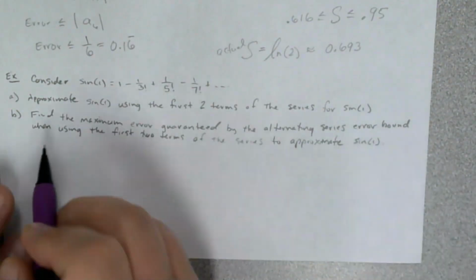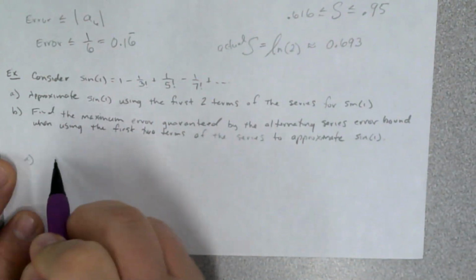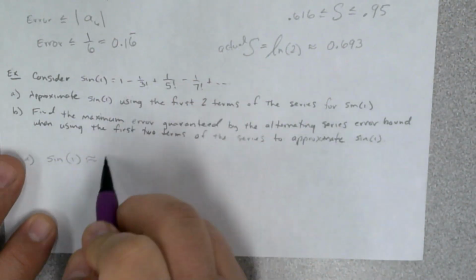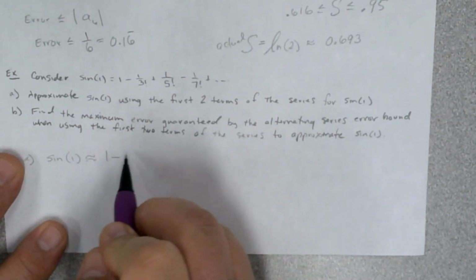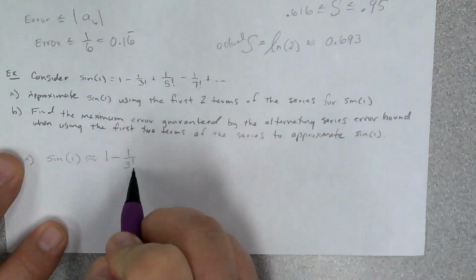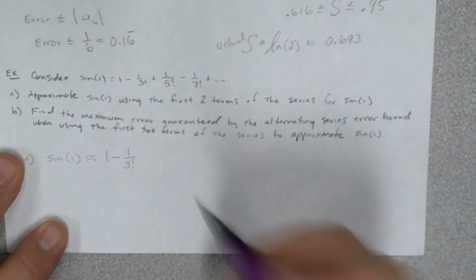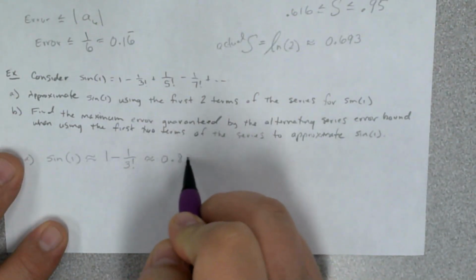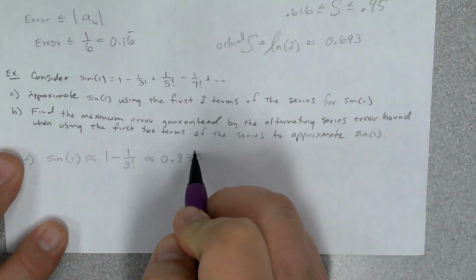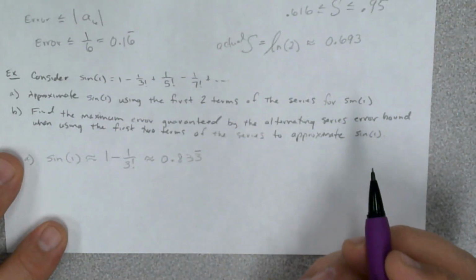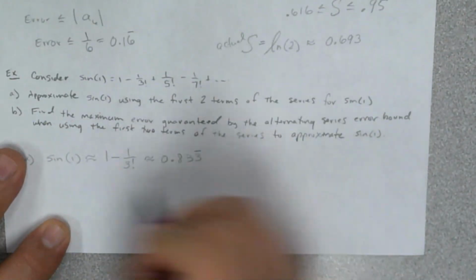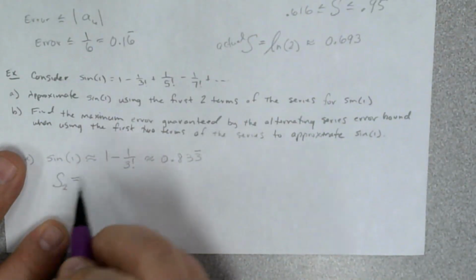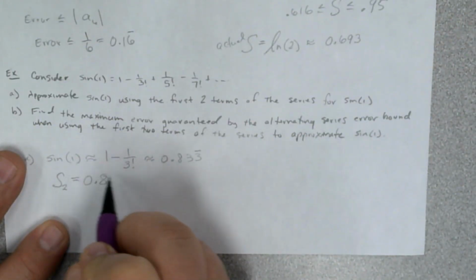So part A: the sine of 1 is approximately the first term, and they want two terms, so that minus that. Then we can use our calculator to approximate that out, and we're going to get 0.8333, with the threes repeating. So the two-term sum is 0.83 repeating.